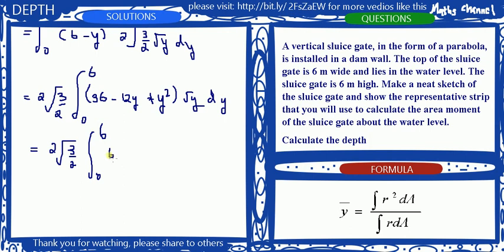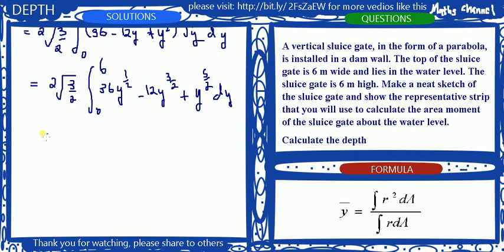I'll have something like 36, and then minus 12, and then it also has plus, and then let's integrate this one.